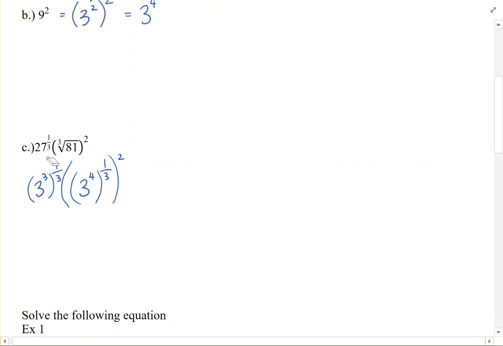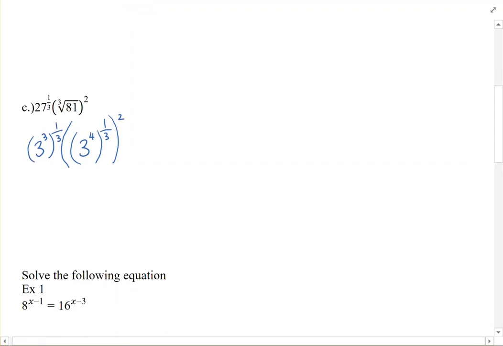Okay, so therefore, again with exponents, you're just going to be multiplying it out. So 3 times 1/3 is just 1, so we just have 3 to the 1.